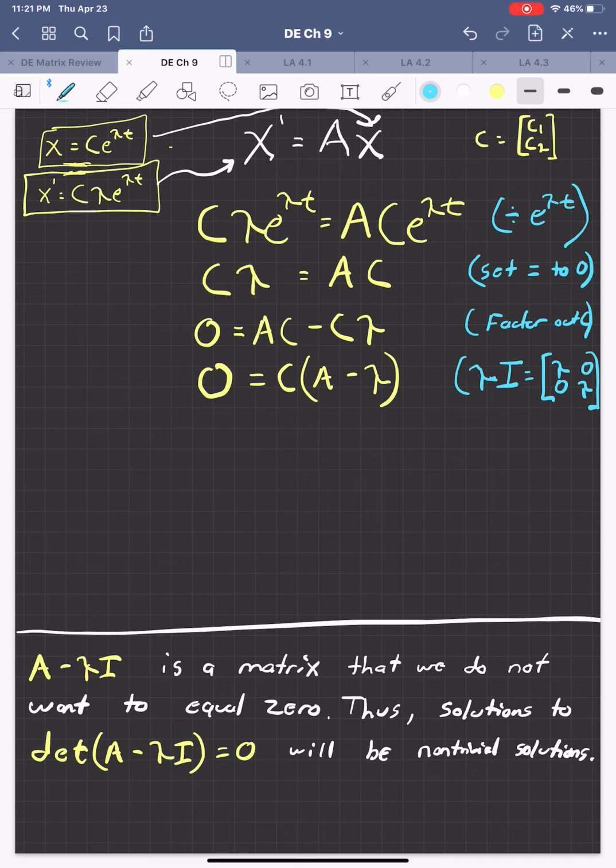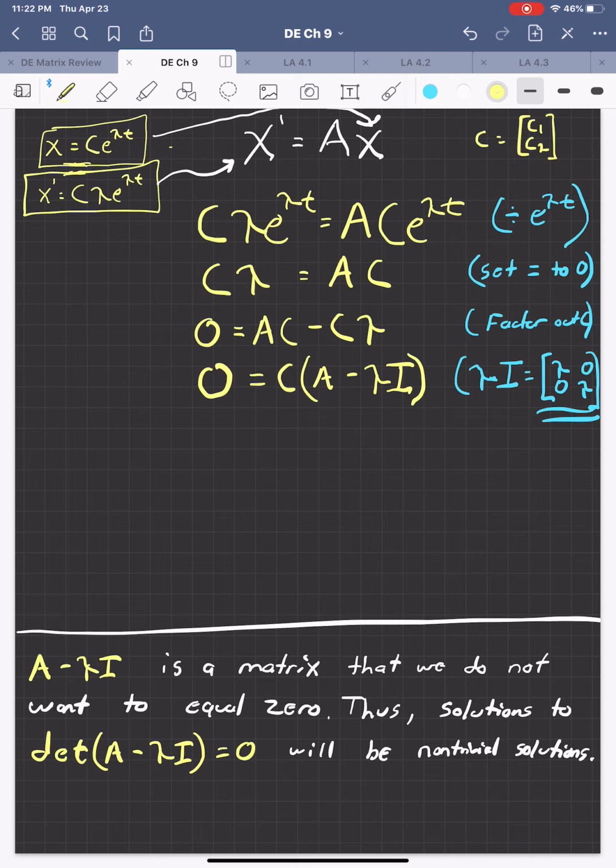This is just the matrix analog of the scalar lambda. So we're just going to multiply this by the identity matrix I.